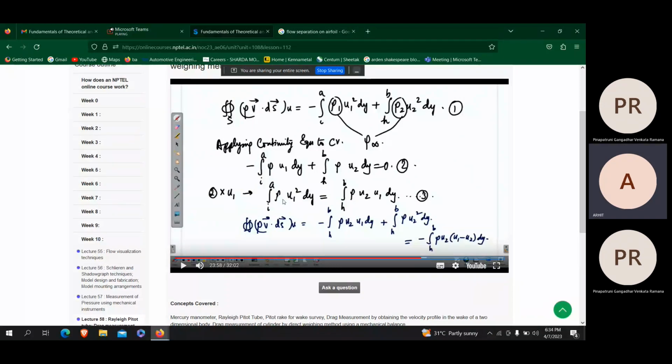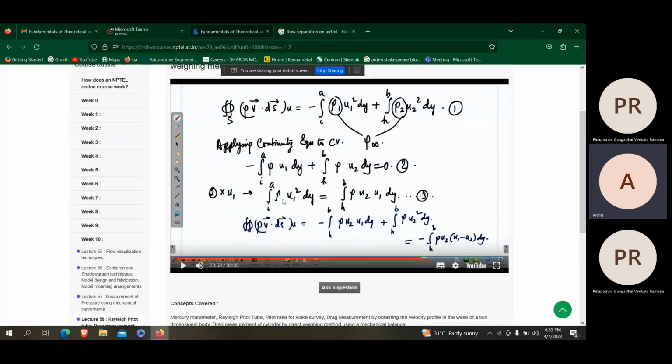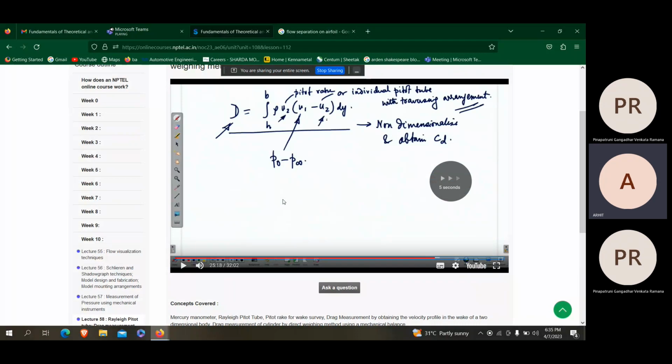This was the final equation. After that, putting the value of the surface integral into the drag, we are finally getting this dimensionless CD.